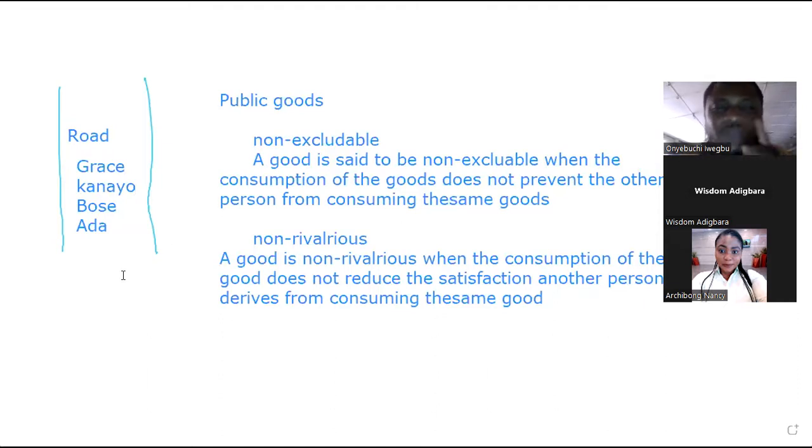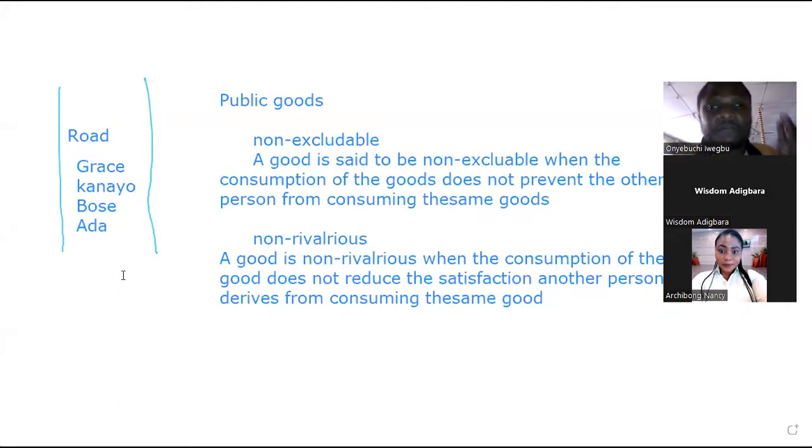The next one is non-rivalrous. What do you mean by non-rivalrous? A good is said to be non-rivalrous if the consumption of that good does not reduce the satisfaction or the welfare another person derives from consuming that good. For example, a road.